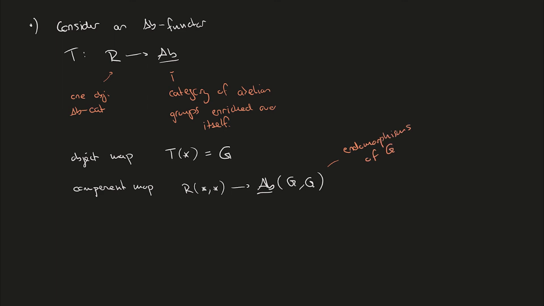To reiterate, this on the left is the abelian group underlying our ring R, and on the right we have the set of endomorphisms on the abelian group G, but considered as an abelian group. Now this component map, because it's a map in Ab, is a group homomorphism.